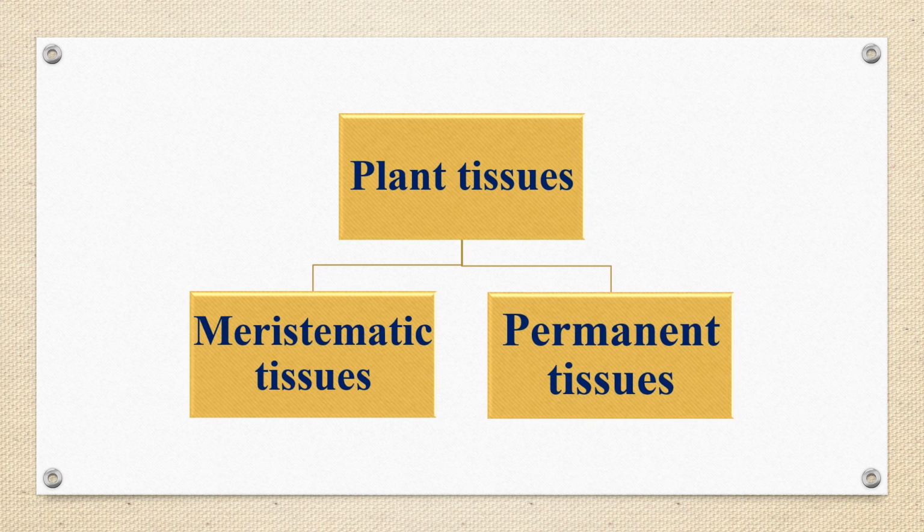There are two types of plant tissues as meristematic tissues and permanent tissues. I have taught you about the meristematic tissues from the first video of this lesson series. Then you can watch it from the link I have mentioned in the description box of this video.